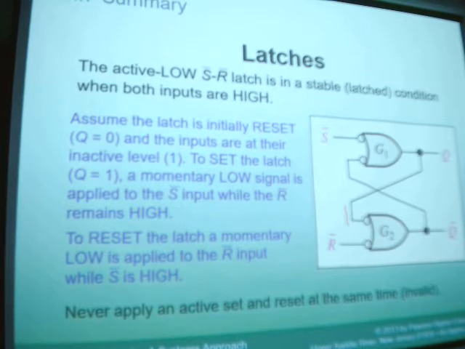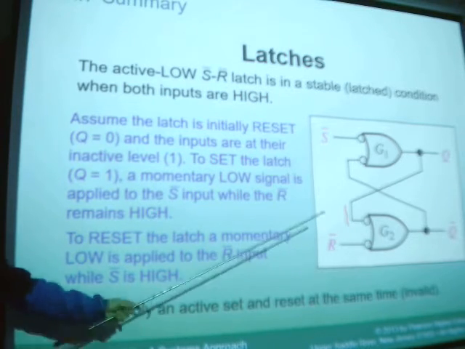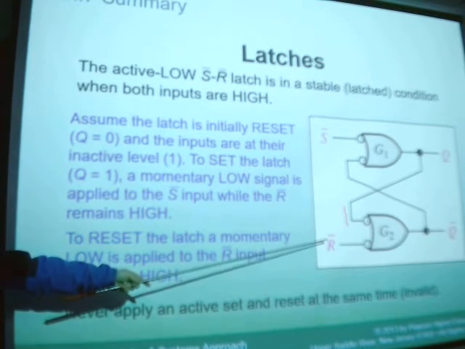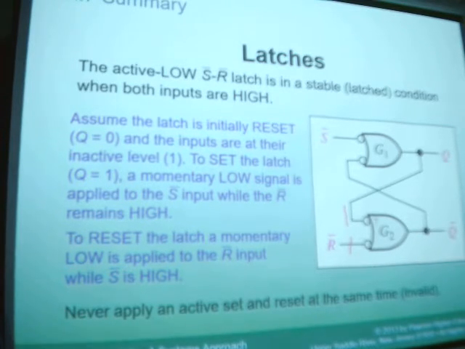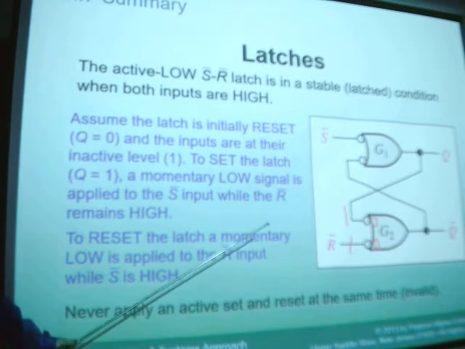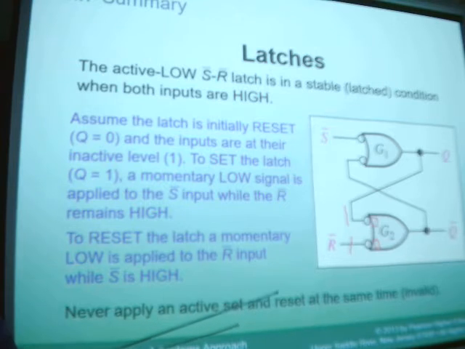So Q equals 1, and R bar equals 1, right? So the output is 0. Then 0 plus 0 is equal to 0. So Q bar equals 0.